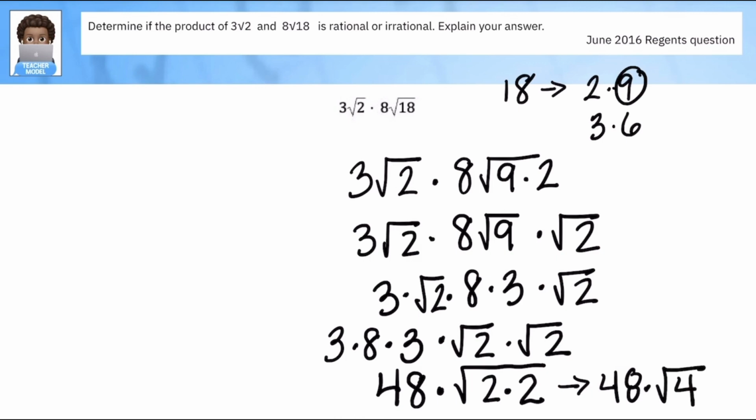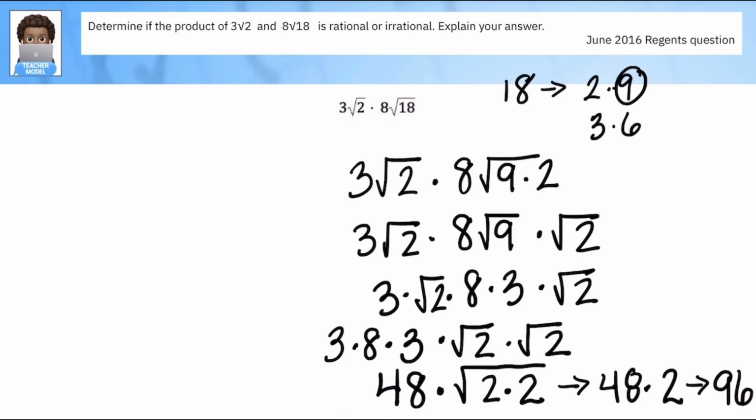So that is something that's really interesting here. And I could actually simplify that out. I'm going to just use my eraser for a second and just put 2. And 48 times 2 is 96. That's my final answer. So is this rational or irrational?